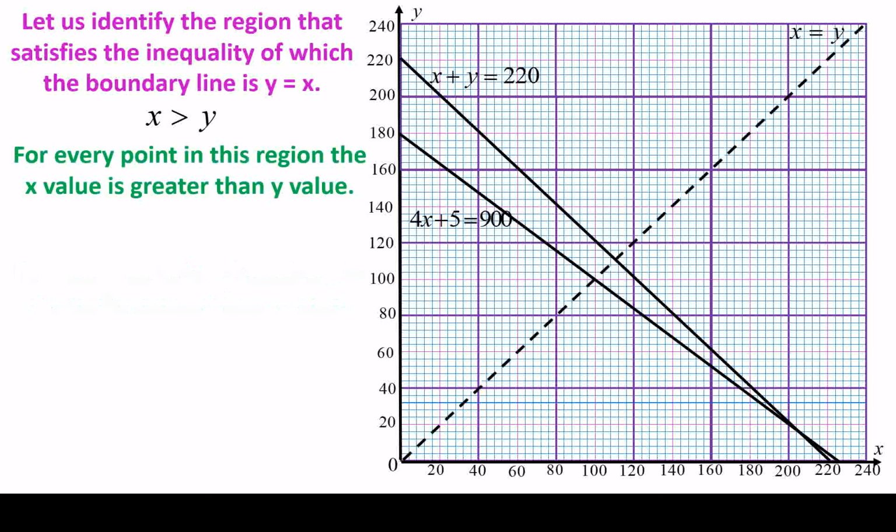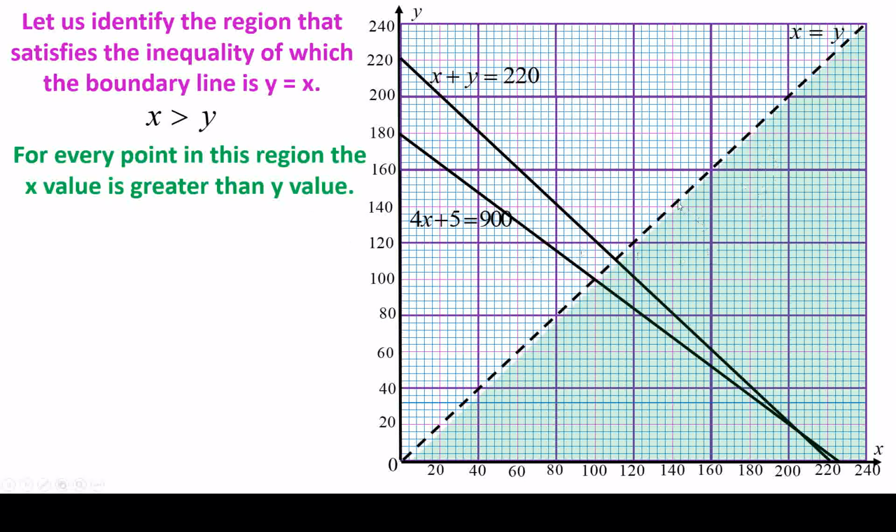For every point in this region, the value of x is greater than the value of y. Now, we identify the region to be this region, which is below the line y is equal to x.